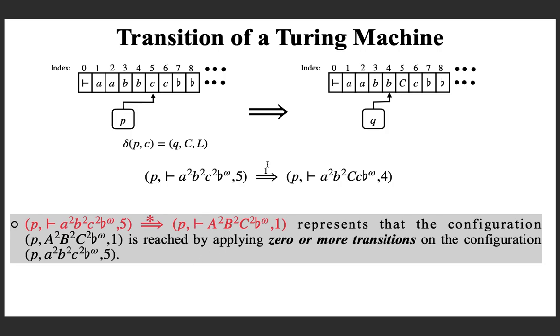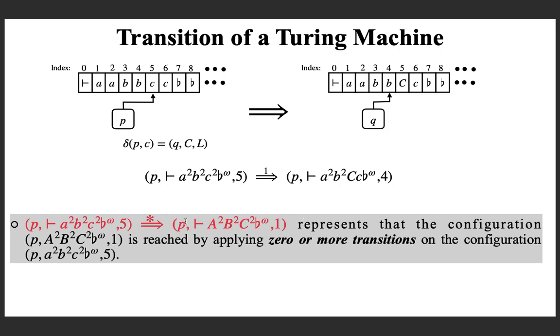When you are performing a number of steps, you can say that from this configuration, 0 or more steps or application of transition functions will take you to another configuration. So the state is not changed.